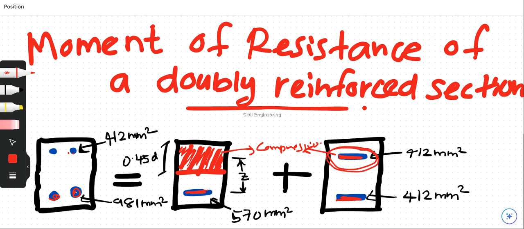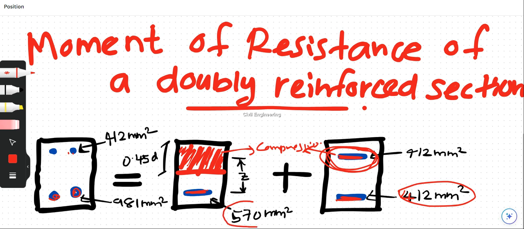As the compression reinforcement is 412 square millimeters, it must be 412 square millimeters of the tensile reinforcement that bears this compression reinforcement.